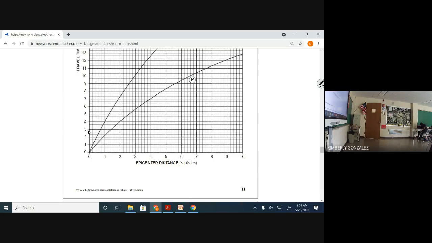Then the P wave travel time is what? Everybody do it with me. 3 minutes, 20 seconds. Okay, and then what's the S wave?